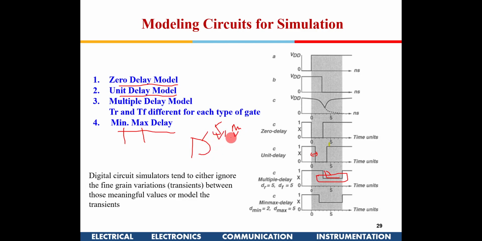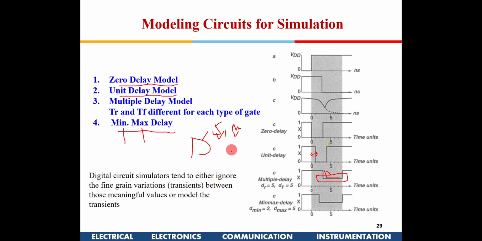We'll pick up the worst case. In some cases minimum delay is the worst case, because minimum will cause a hold problem, and max will cause problems in the setup time. So when doing setup analysis, we pick up the max delays, and when doing hold analysis, we take the minimum.